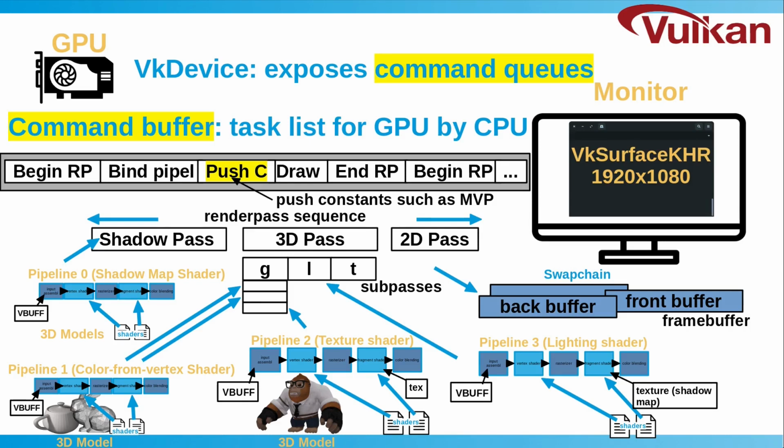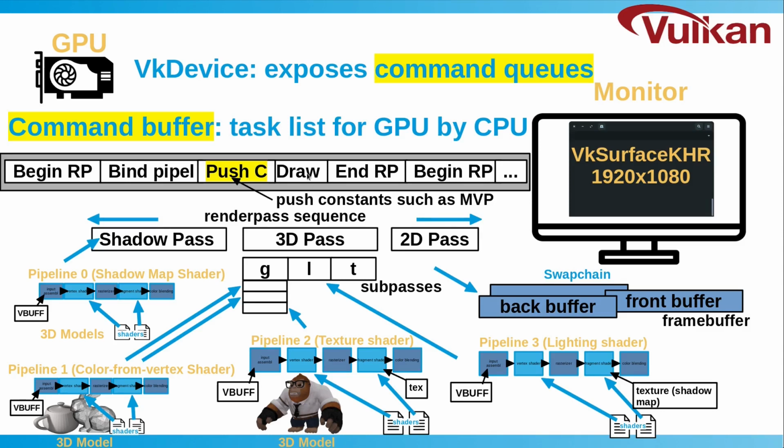On this slide here, you can see an example command buffer. It says here begin render pass, bind pipeline, push constants. So a command buffer can also take a smaller amount of data, such as the 4x4 MVP matrix that we discussed before.